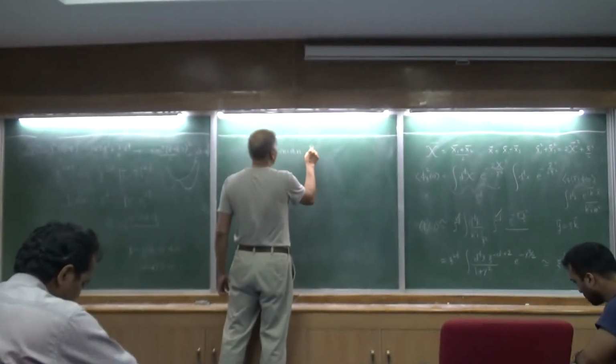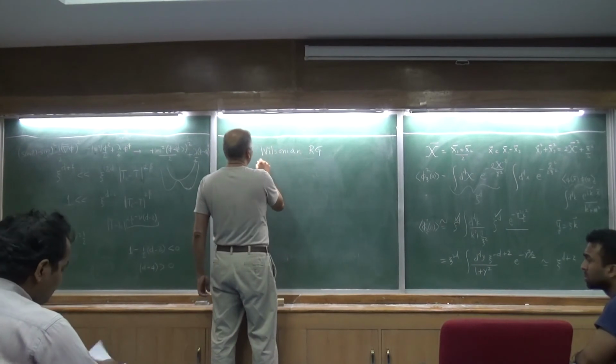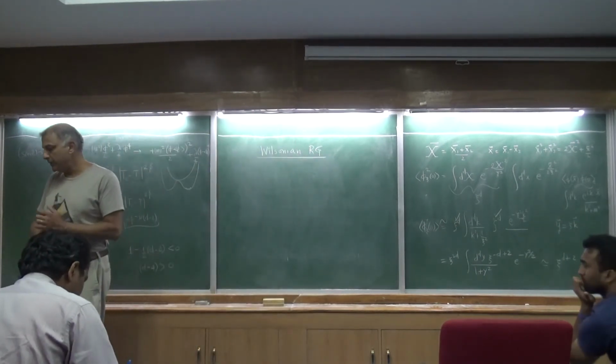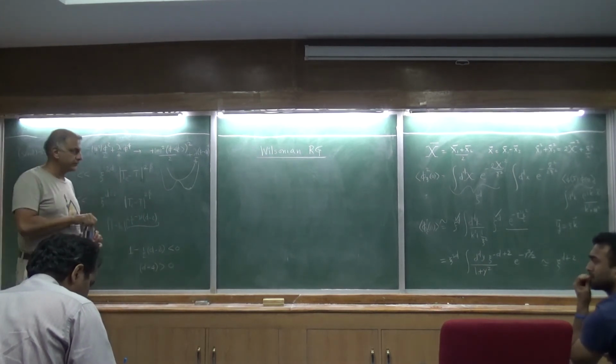Okay. So let's do what is called Wilsonian RG. This is the modern way of doing RG, and this was introduced by Wilson in the late 60s and the early 70s.